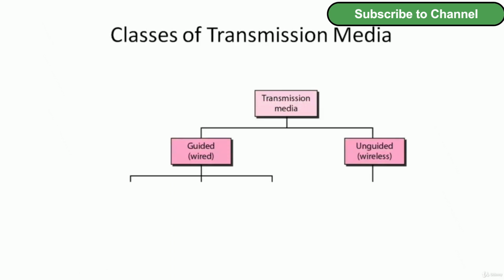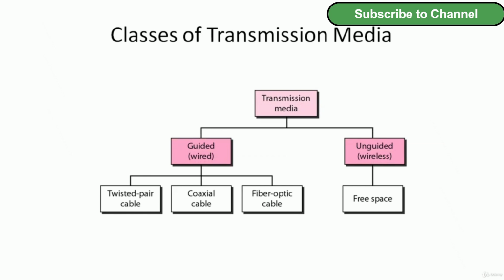So, classes of transmission media. The transmission media is classified into two classes. First one is the guided media, called wired media, and another one is the unguided, that is wireless. Again, the guided media has types: first the twisted pair cable, then the coaxial cable, then the fiber optic cable.